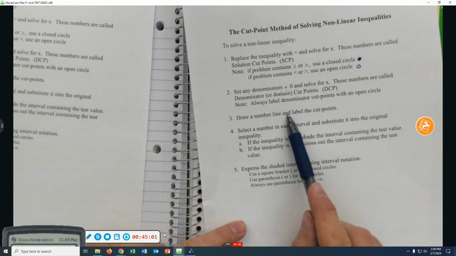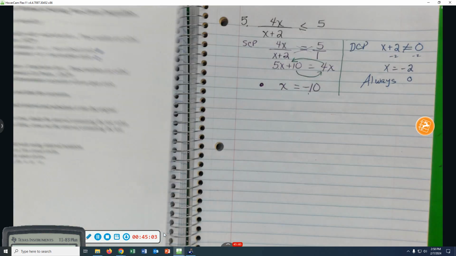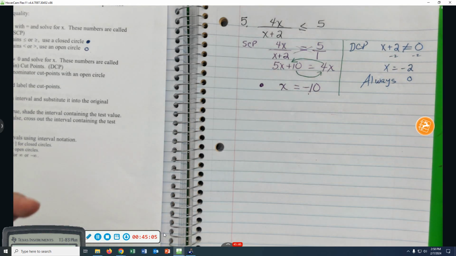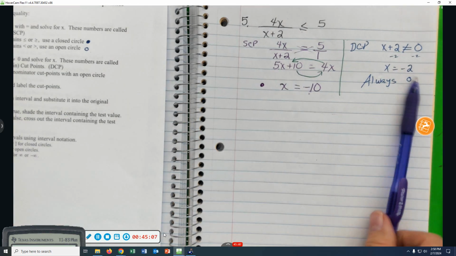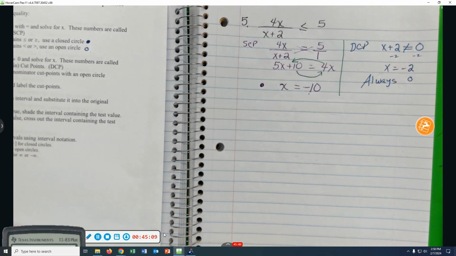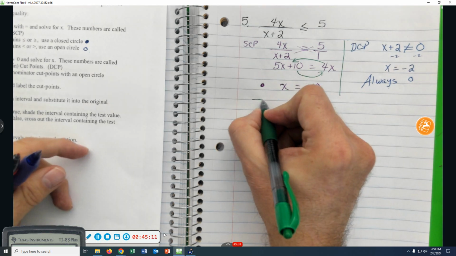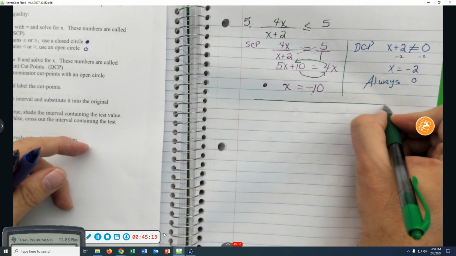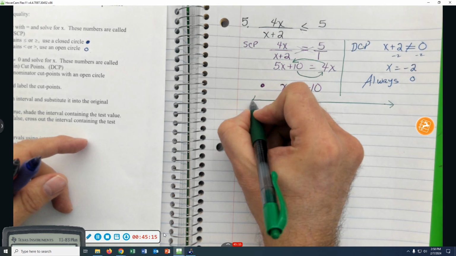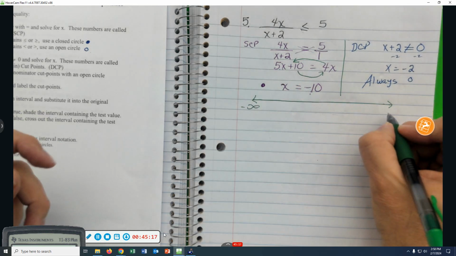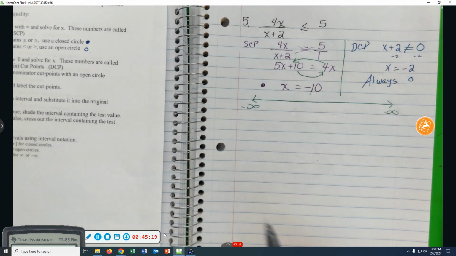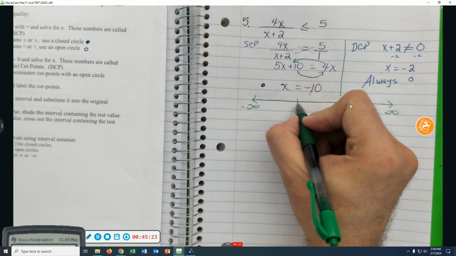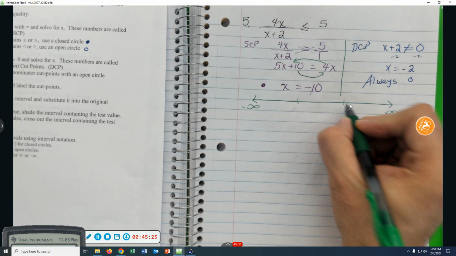Now, step 3, draw a number line. Hey, was there any sort of factoring anywhere in this problem? No, so it's definitely going to alternate. Draw a number line. Label my negative infinity and my positive infinity. Now, here's where it gets tricky. You're only labeling the cut points.